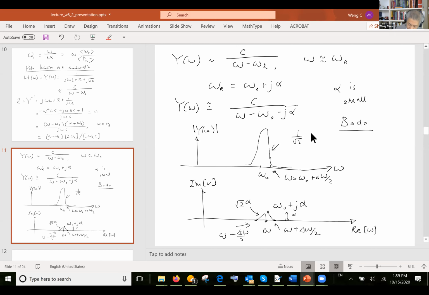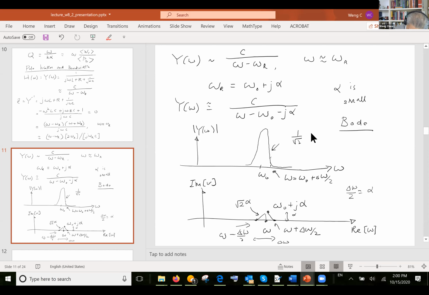And then the bandwidth of the whole thing is delta omega. And you can show that, oh, sorry, delta omega over 2 should be alpha.